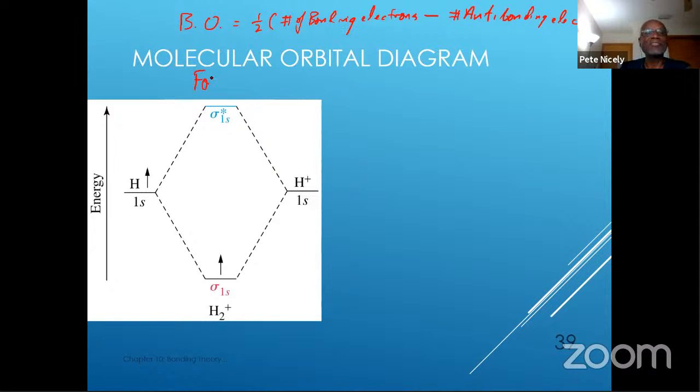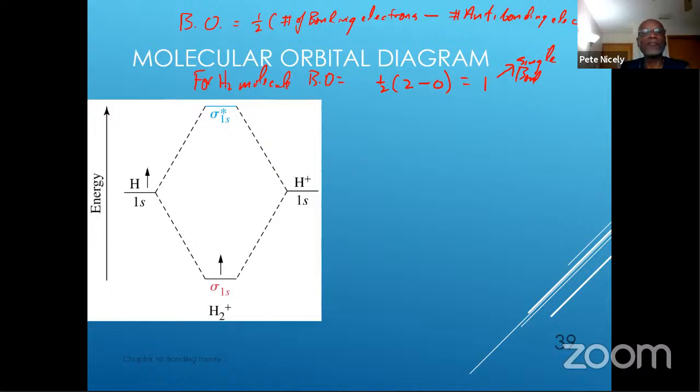All right. So for example, in the case of the hydrogen molecule, the bond order will be equal to half of 2, because there are 2 electrons in the bonding orbital, minus 0. So that will be equal to 1. So what that tells you is that there's a single bond in the case of the hydrogen molecule. All right.